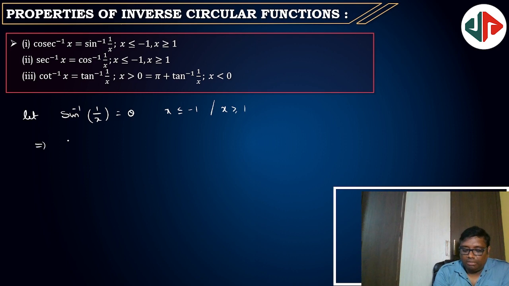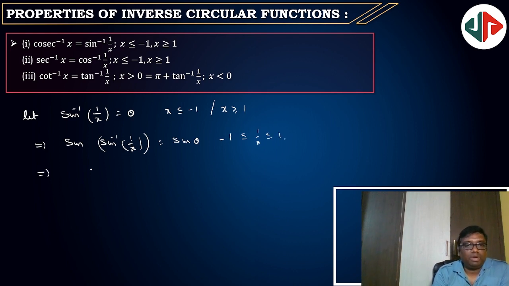If I apply sine on both sides, sine of sine inverse of 1 by x is always equal to sine theta. Here clearly minus 1 is less than or equal to 1 by x less than or equal to 1, so sine of sine inverse of that value is always equal to 1 by x only. So 1 by x is equal to sine theta. If I take the reciprocal, x is equal to cosecant theta.